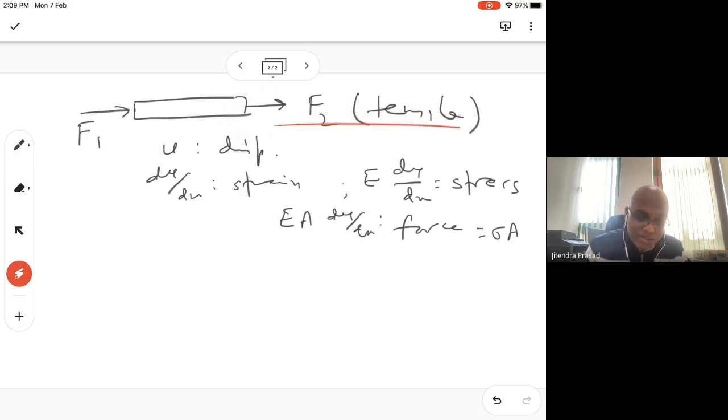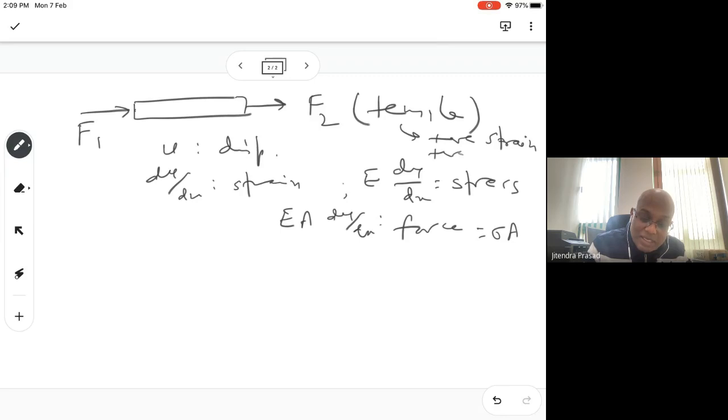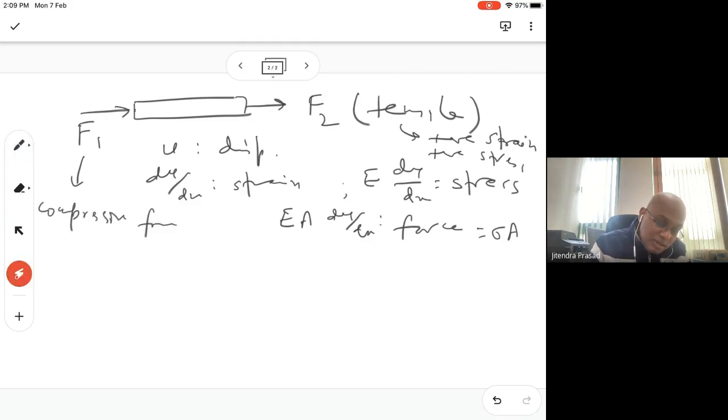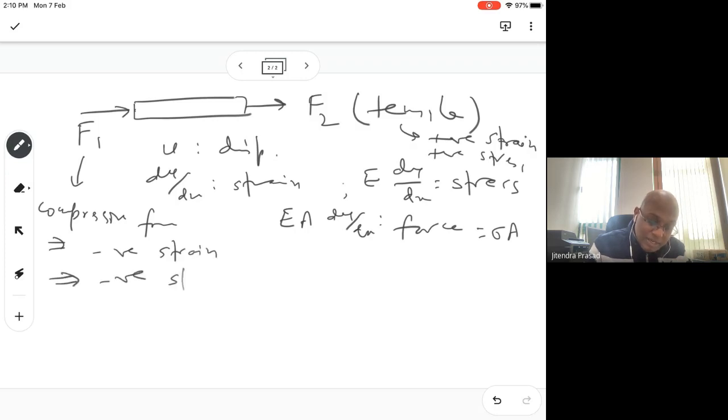And hence that should give positive strain or positive stress. Look at F1. F1 is a compressive force, right? This is trying to compress it. Hence, this should give you negative strain, and that means negative stress.